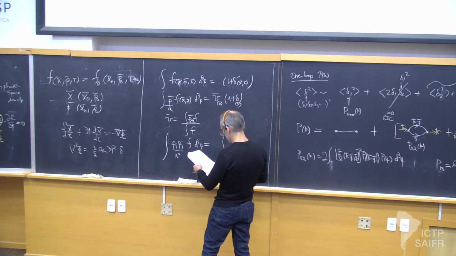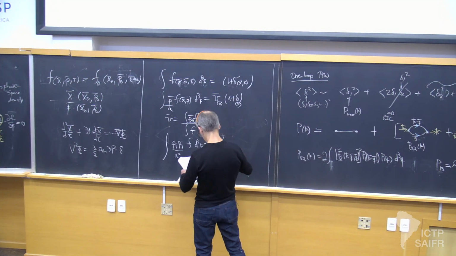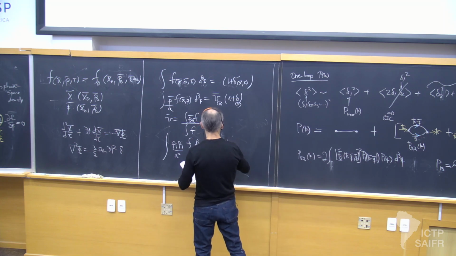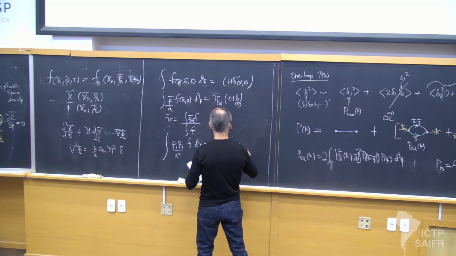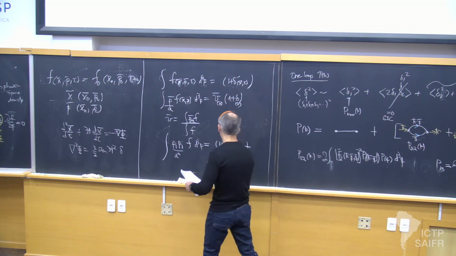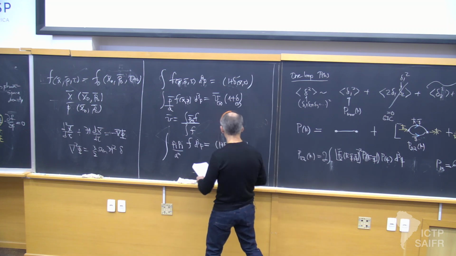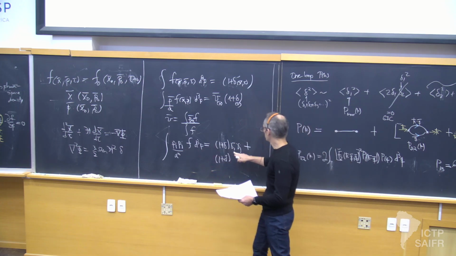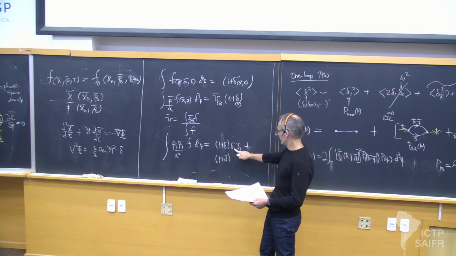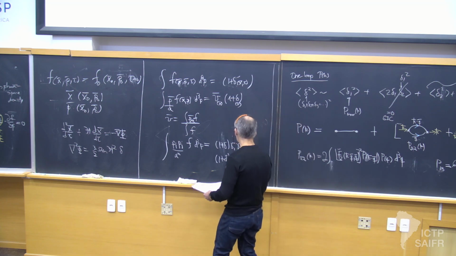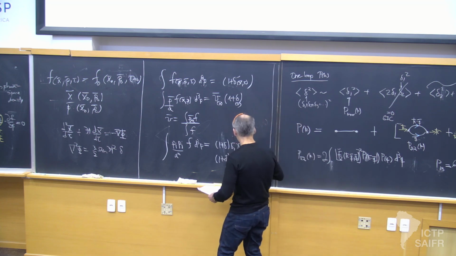So if you do this, you're going to get 1 plus delta, V_i V_j, plus what we now define as a new object. You can see the second moment is the disconnected first moment squared, plus a connected piece, which defines the dispersion tensor.